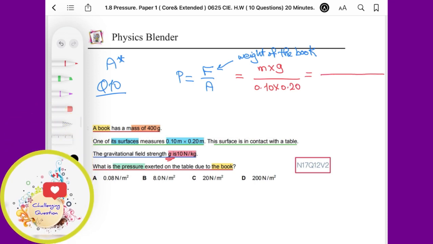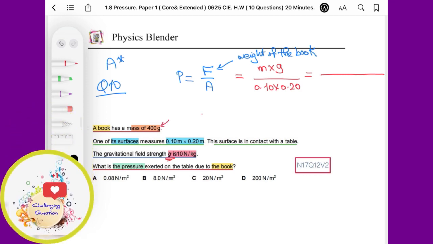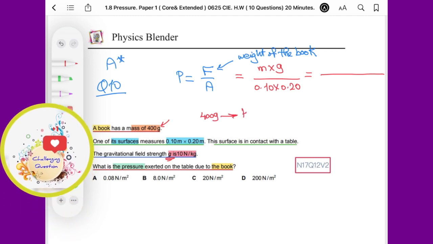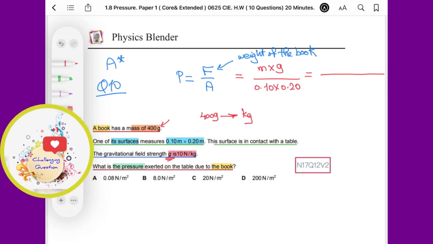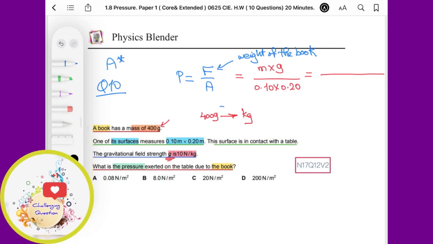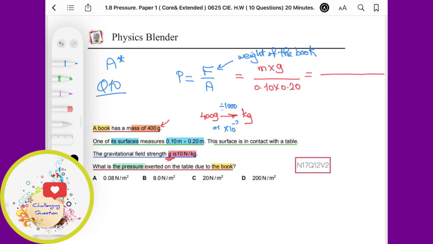Mass is given in grams, so 400 grams to kilograms. You have to check you have consistent units. You can divide by 1000 or multiply by 10 to the power negative 3.